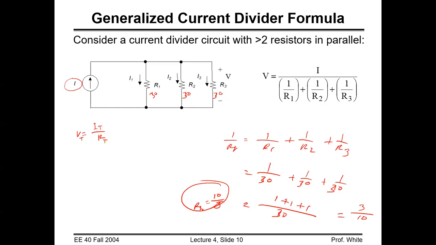All are 30. So 30 by 3, okay, 3 by 30. So our R equivalent is 10. Okay, all same. So divide by the number of resistances. This is very simple.